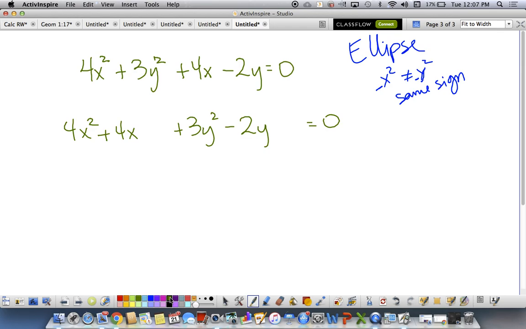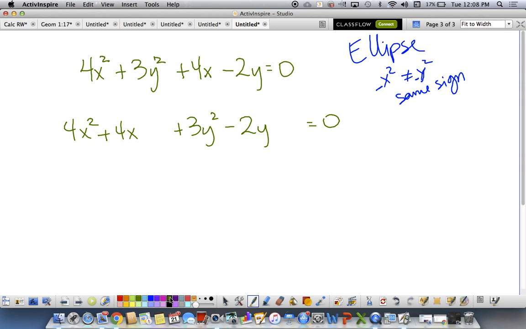Now, can you ever remember completing the square when there's a number beside the x squared? Have we ever done that? I'll give you a hint that you had to do something with it first. You couldn't leave it there.